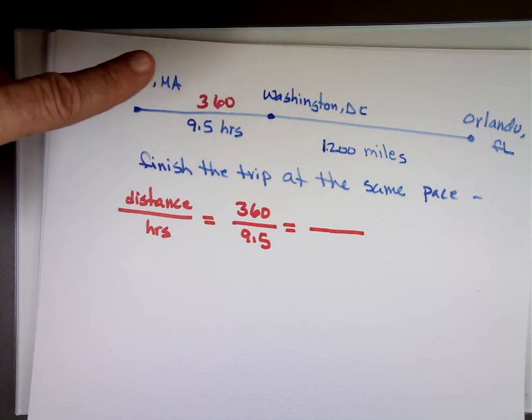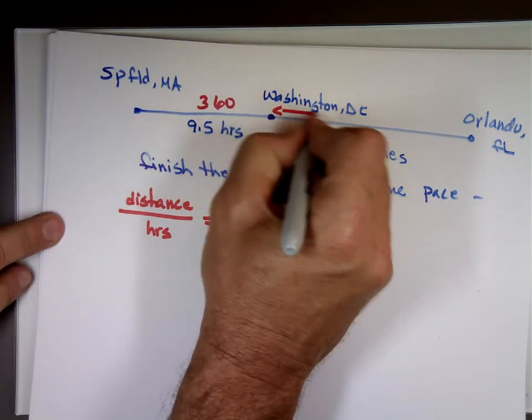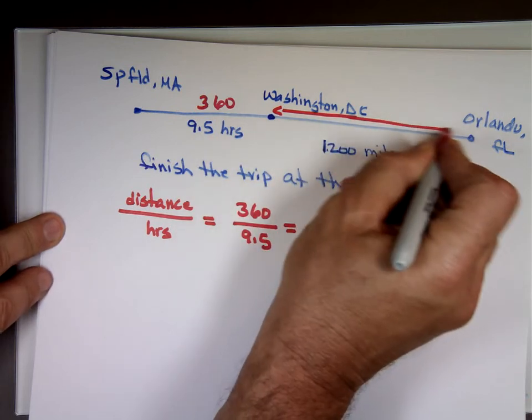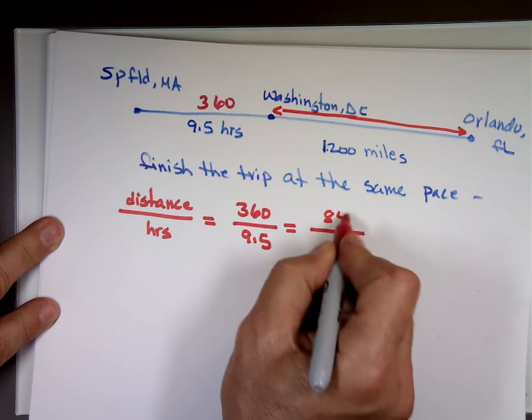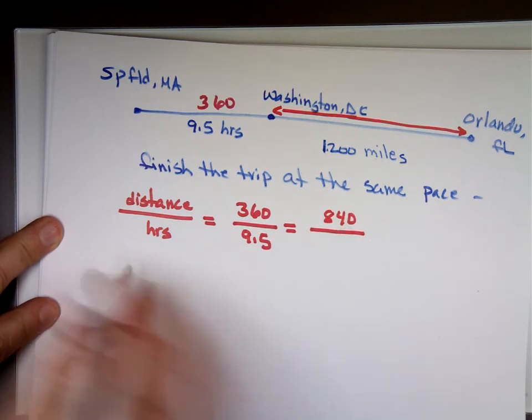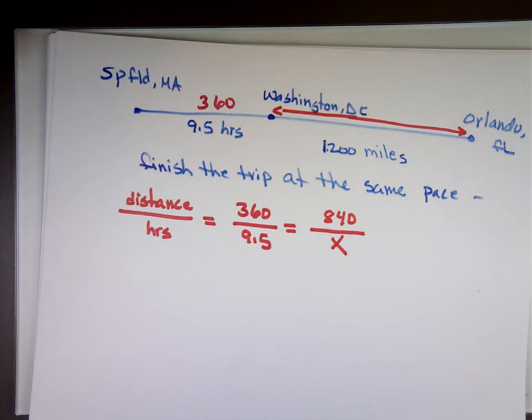To finish it, that's the finish. Additional. 840. Yep, 840. And how many hours is it going to take? So I'm saying, how long would it take to finish that trip? Not from start to finish, from Washington, D.C. to Orlando. From Washington to Orlando, you still have 840 miles.